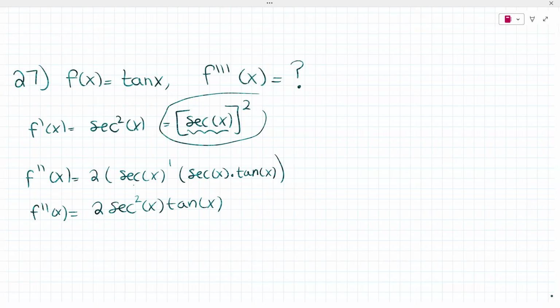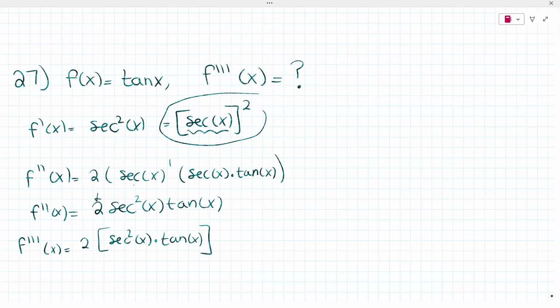I want f triple prime. In order to find f triple prime, you must use the product rule. Well, since 2 is a constant, you could just factor it out, and then distribute that 2 at the very end. And how would I apply the product rule?